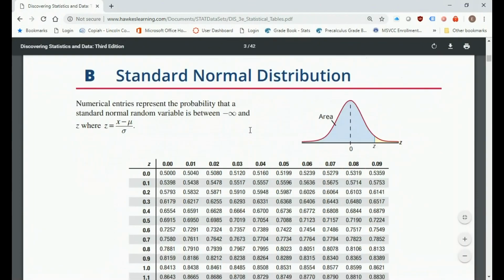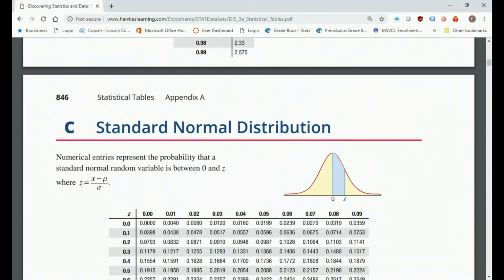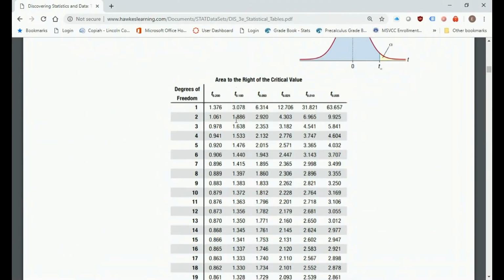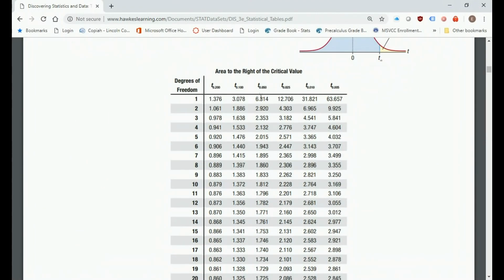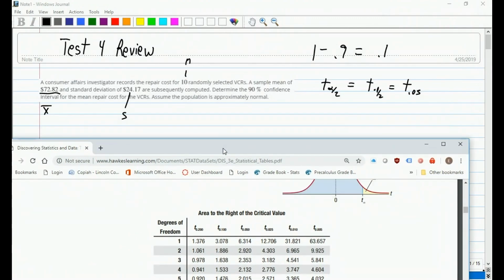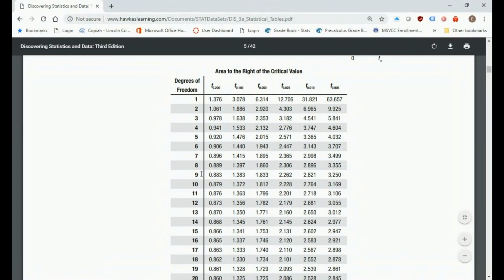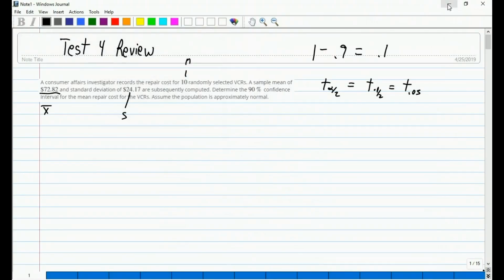Let me go to the t table again. All right, so 0.05 is the middle, and n was equal to 10, so the degrees of freedom will be 9. So I go to 9, and here's my critical value, 1.833. I'm going to use that in my formula to make my confidence interval.